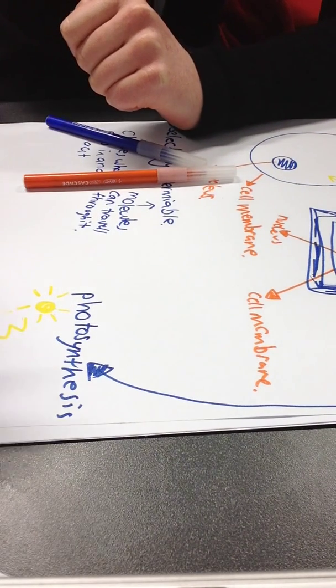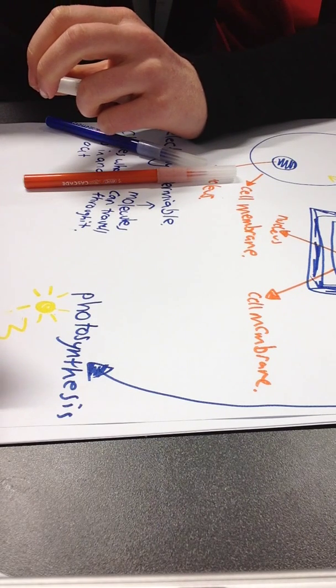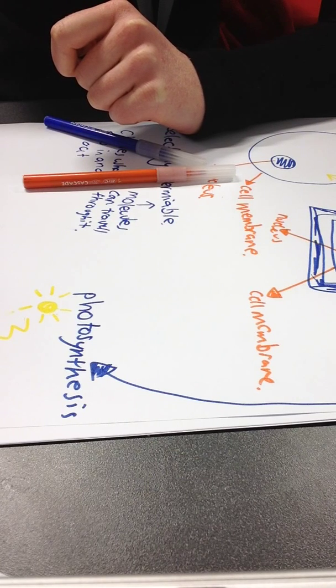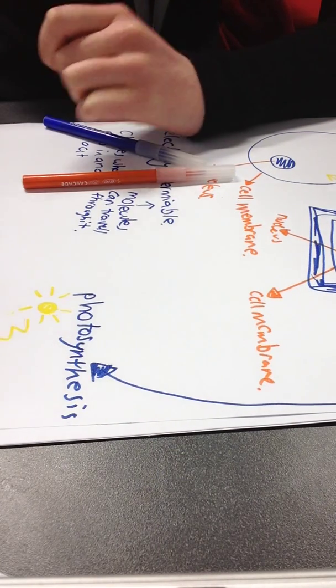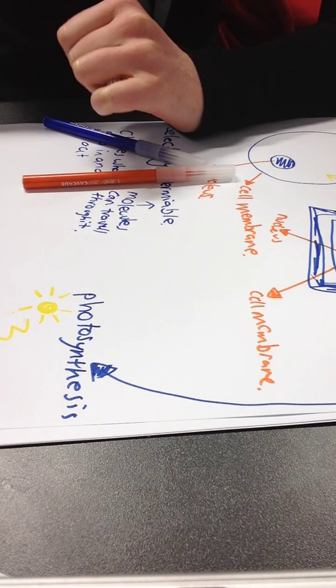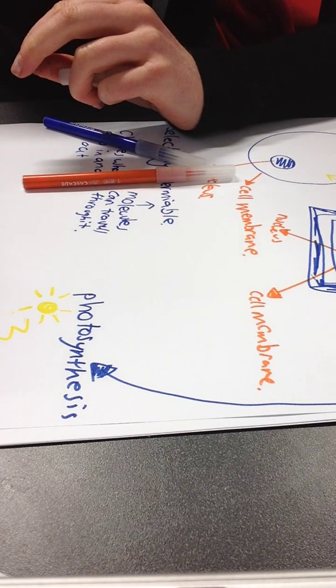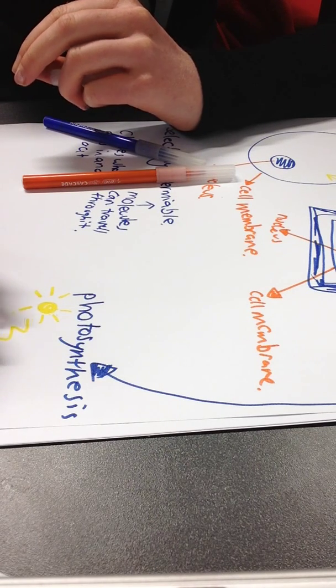It hits the tree, and what the tree does is it uses carbon dioxide from the air, nutrients from the soil, and a little bit of water, normally from the soil as well. Then it takes all of that and converts it into cellular energy.